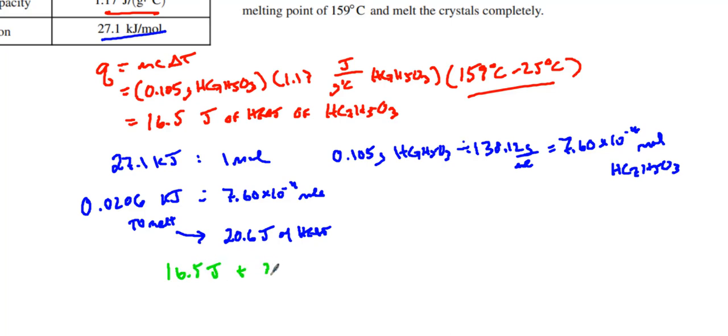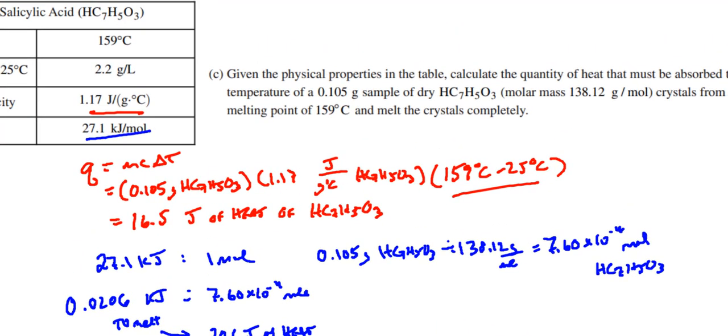I have 20.6 joules of heat to melt it when we're at 159 degrees Celsius, which means 37.1 joules of heat total. And so you can see we're bringing that salicylic acid from 25 up to 159, then we are breaking the physical attractions of that salicylic acid to melt it completely.